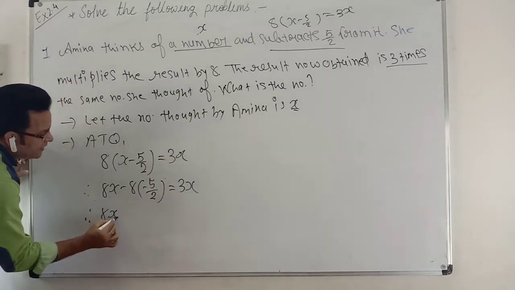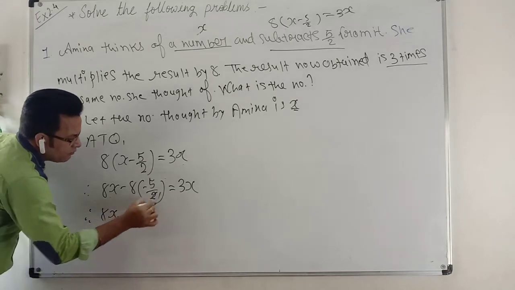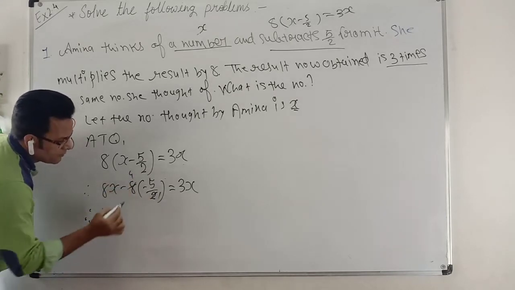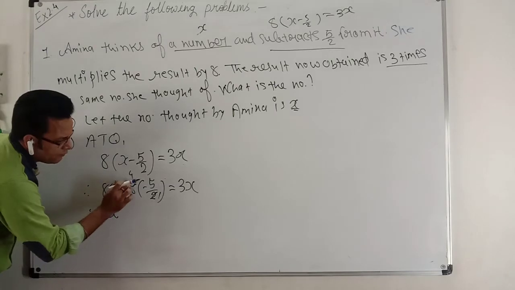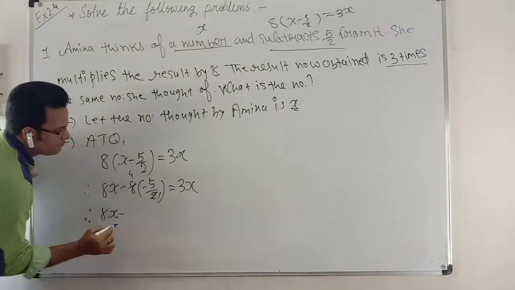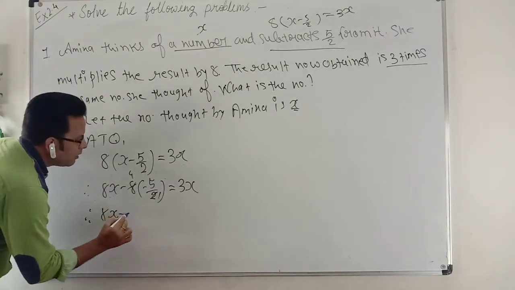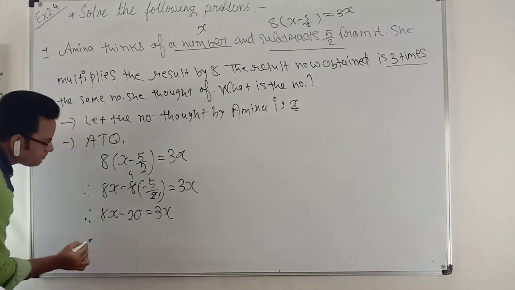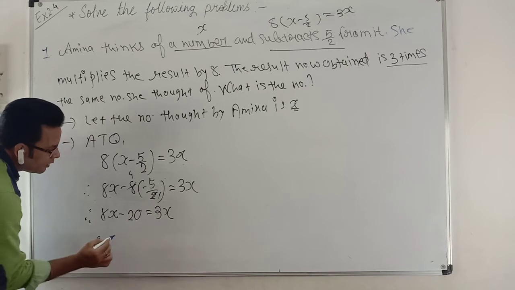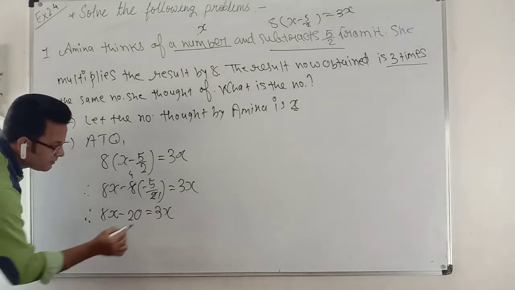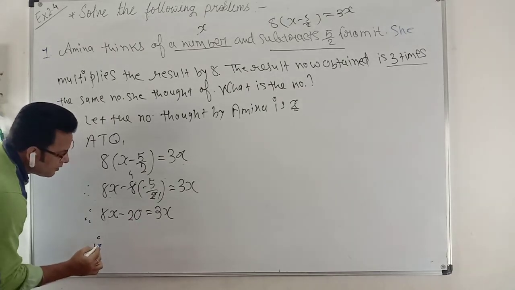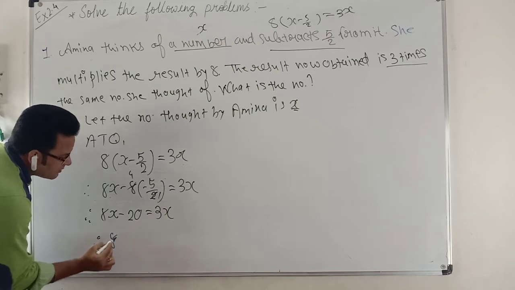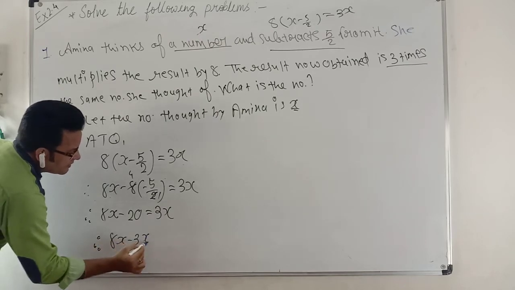Therefore, 8x minus, 2 fours are 8, 4 fives are 20. So 8x minus 20 is equal to 3x. Therefore, now changing the sign, 3x we take to the LHS, 8x minus 3x.